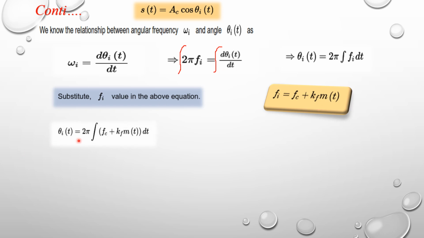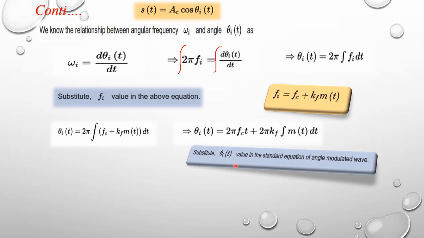So we get θi(t) equal to 2π times the integration of fc plus Kf m(t) dt. Here fc is a constant factor, so you take it outside. Rearranging the equation, it is equal to 2π fc t plus 2π Kf times the integration of m(t) dt.